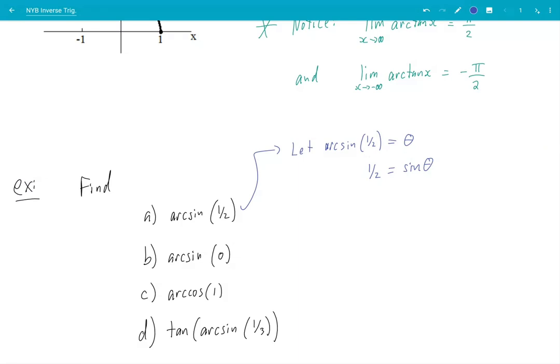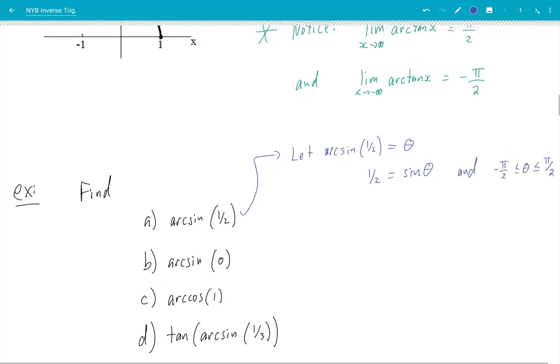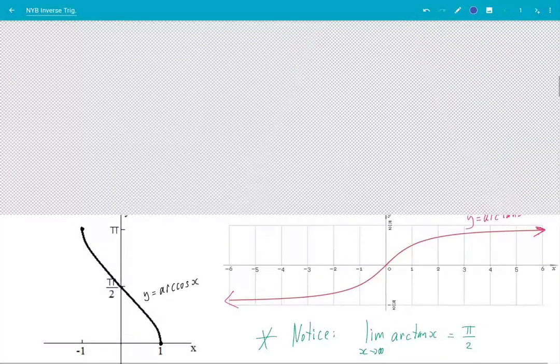One very important snag is that we have to respect the fact that theta is between negative pi over 2 and pi over 2. Very important snag here. Okay, why is that? Well, let's scroll back up and have a look at our arc sine function.